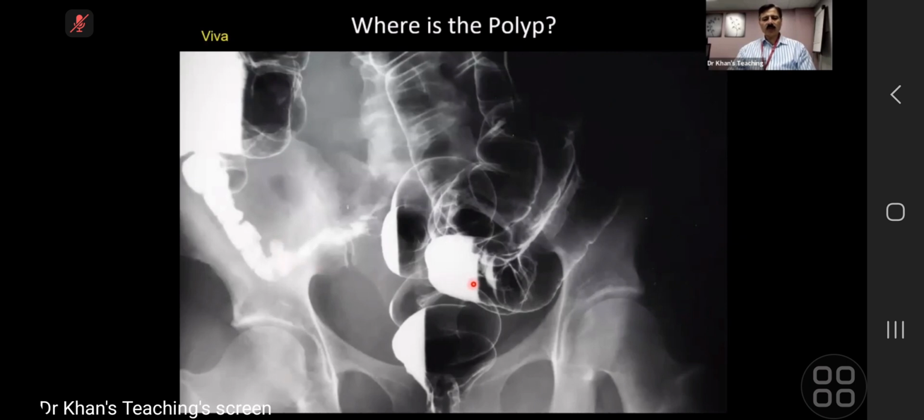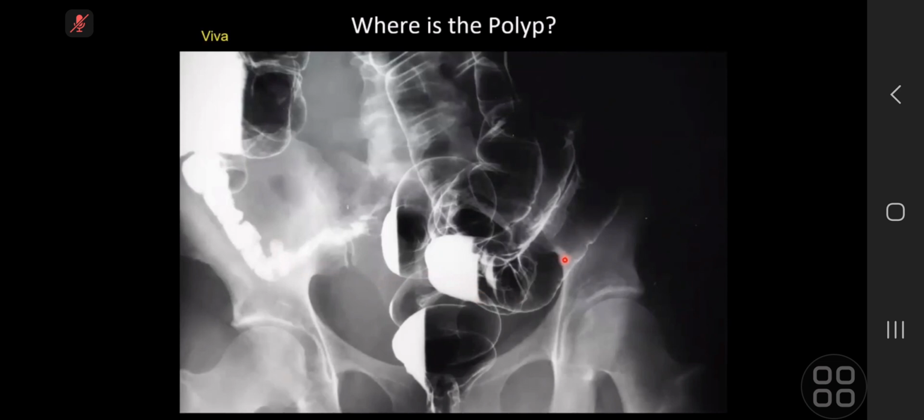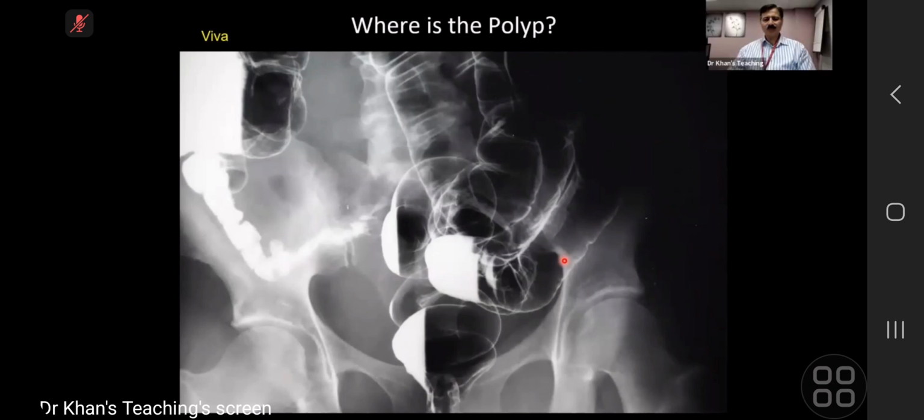Can you see a polyp in the large bowel? Hint, it is in this loop. Okay. So is the sessile one? Yes, there is. If you see here, look at this. Now the idea to show you this film is to develop your eyes, how polyps look on a double contrast barium film.